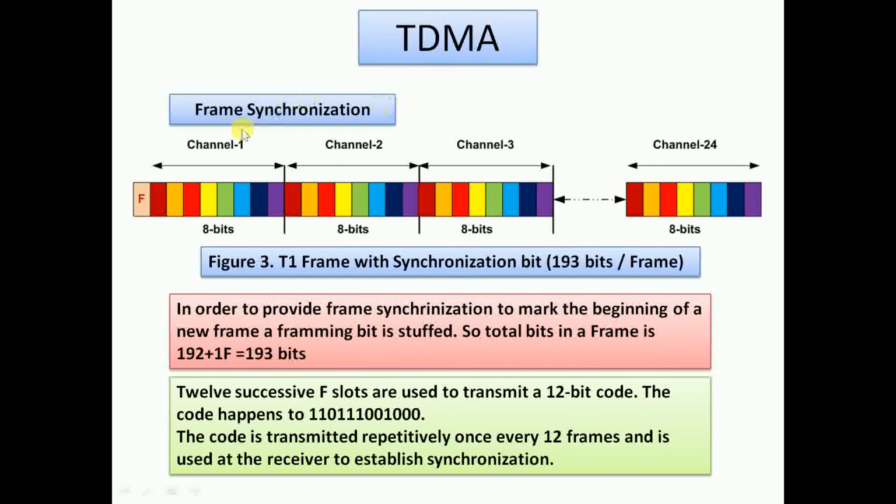This process is called frame synchronization, where an extra bit is attached with every frame, thereby transmitting 193 bits with a sequence of 12 frames as 110 111 001 000, and the sequence is extracted for frame synchronization.